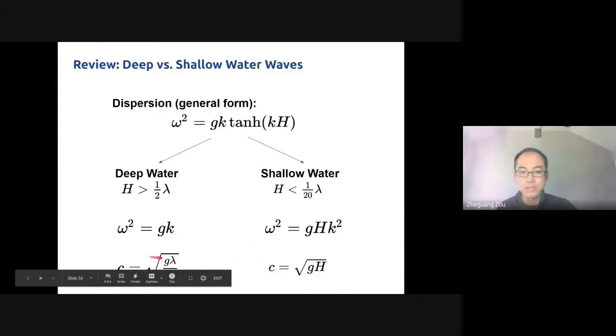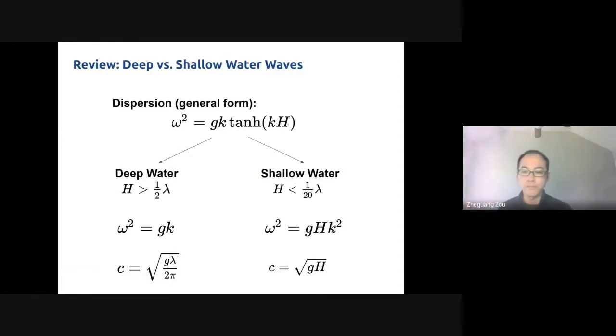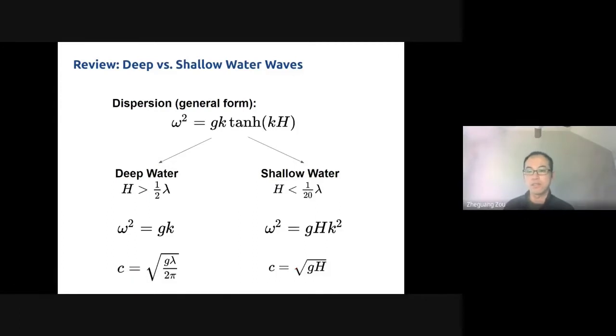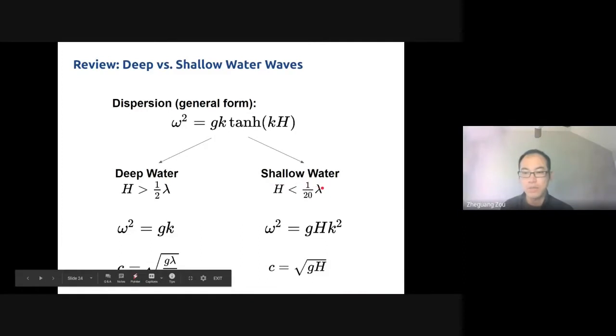The deep water speed depends on the wavelength of the wave, but this one no longer depends on any wave properties. It simply depends on the water depth. So that's how shallow water waves work. If the water depth is deeper, it will propagate faster. If shallower, it will propagate slower, as long as they are categorized as shallow water waves.